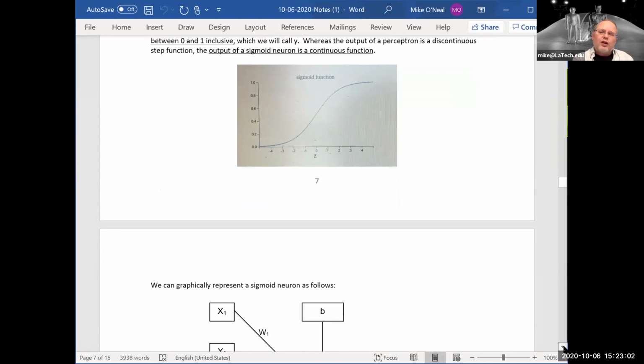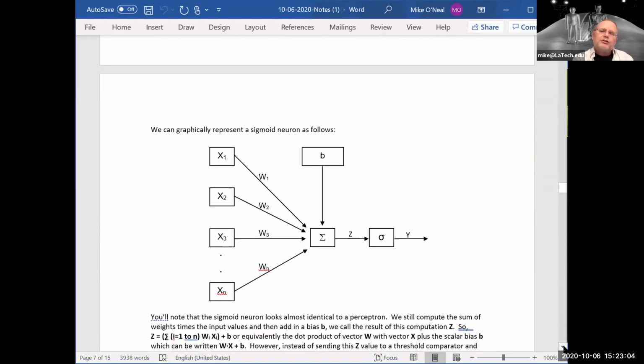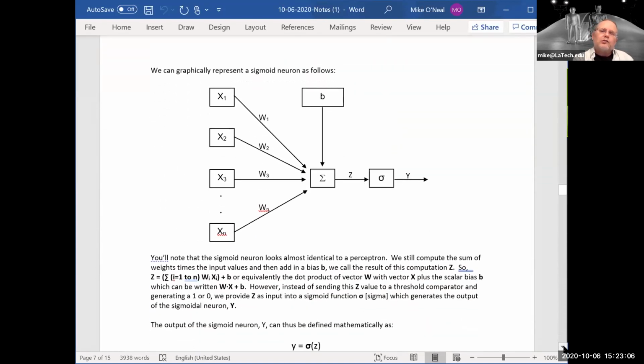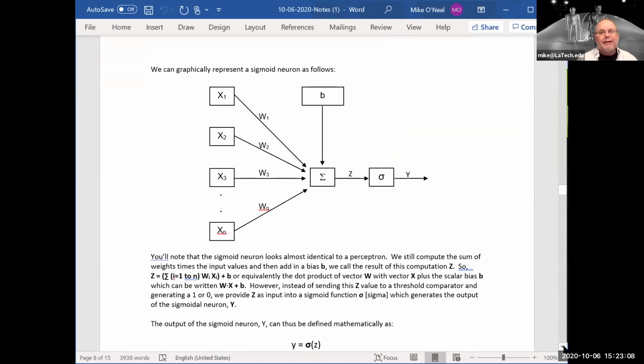Now, what does a logistic neuron or a sigmoidal neuron look like? You might look at this and say, well, that's a perceptron, Mike. Yeah, it's really, really super close to a perceptron. There are some slight differences.